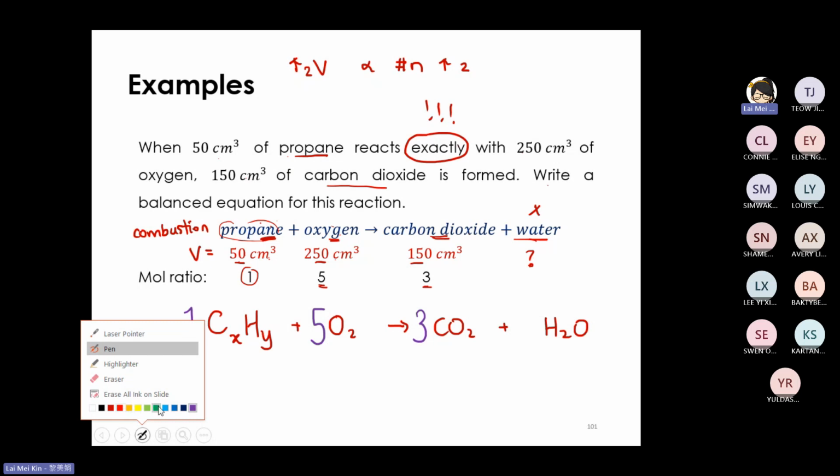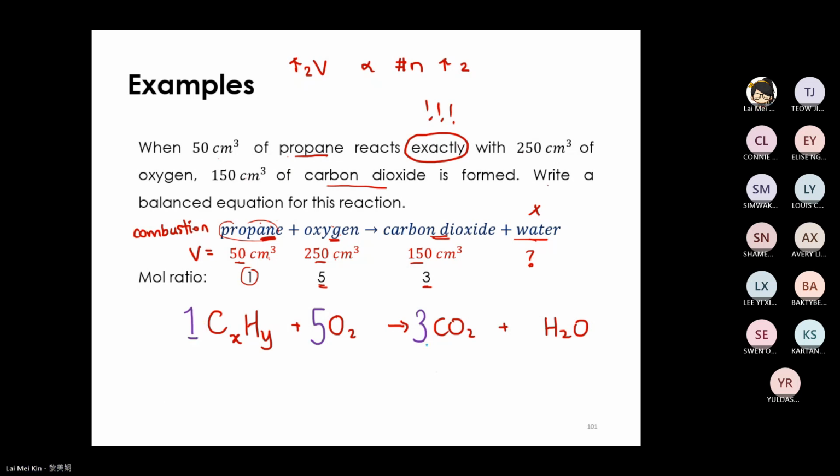So let's say here, I have 3 carbon. So what is your 3? I have 10 oxygen. So what is the ratio in front of H2O? Here I have 6 oxygen already. So how to get 10? 4.